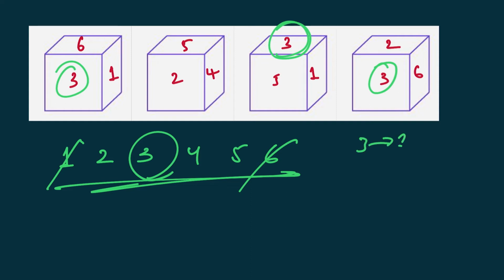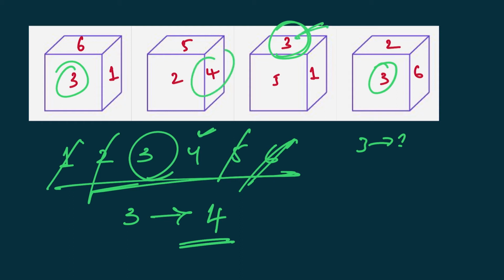There is no 3 in the second dice. In the third dice we can see 5 and 1, and in the fourth dice 2 and 6. So we are left with only 4. The number opposite to 3 will be 4. Therefore, the opposite side of 3 is 4.